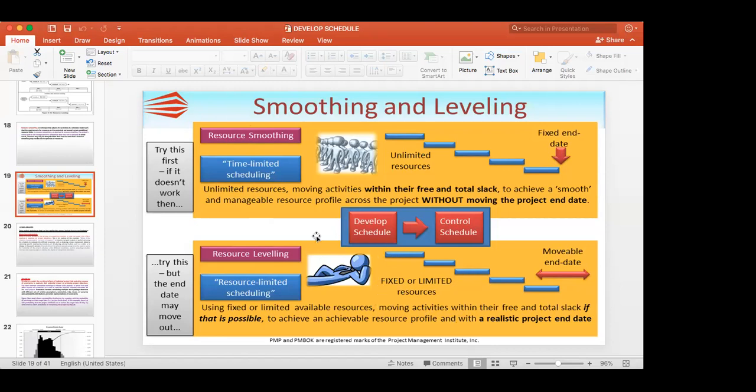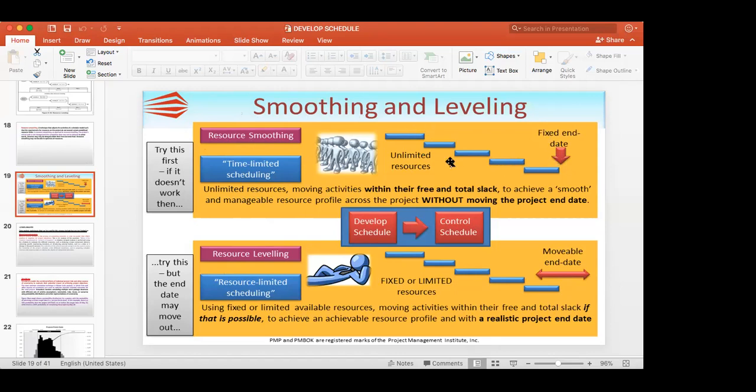This is leveling, this is smoothing, right? Normally, you first try to smooth, otherwise level. If you have enough resources, why go for leveling and extend the time? What you do is put in the resources and try to complete on time.